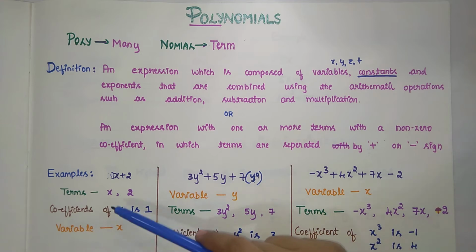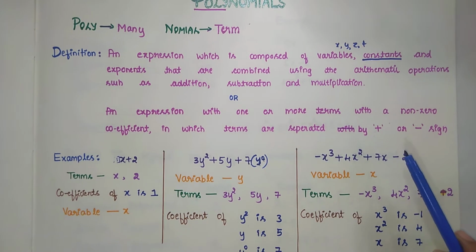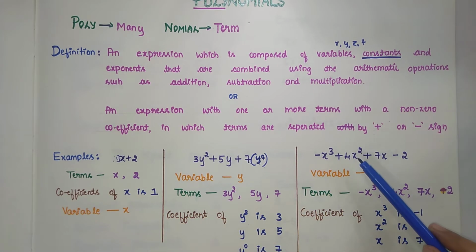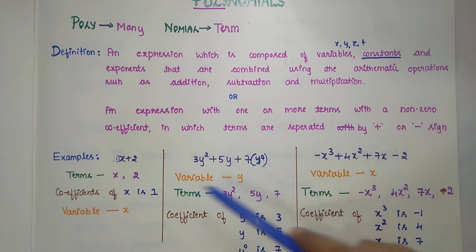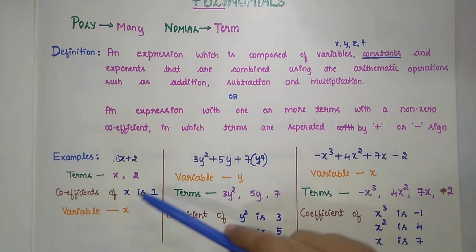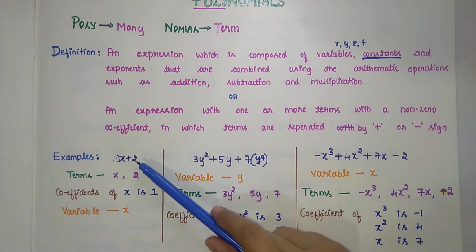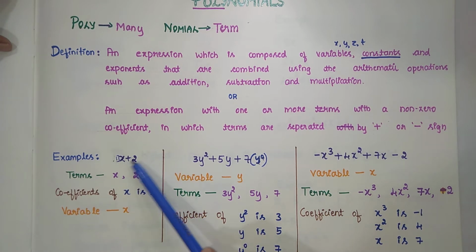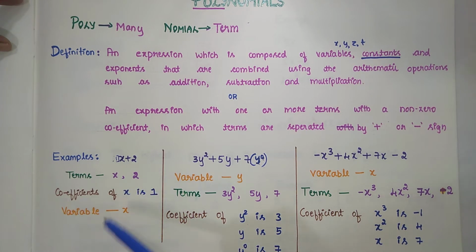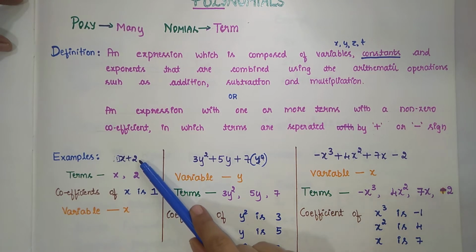Now let us see some examples for polynomials. While explaining these examples, let us also know about the terms of the polynomial and also the coefficient of the variable. So first let us see the first example. Here the first example I have taken is x plus 2. In this x plus 2 we can see there are two terms. x is one term and 2 is the other term.